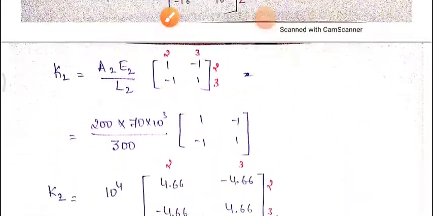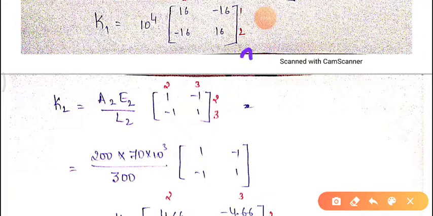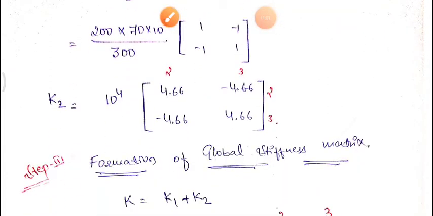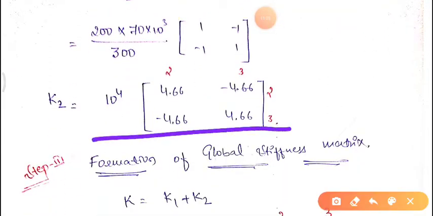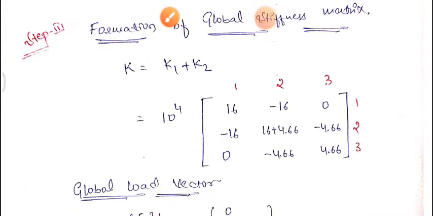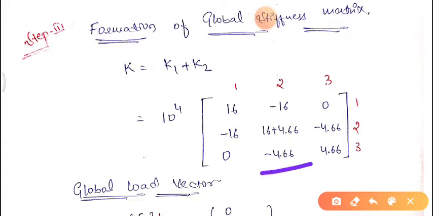In the first matrix we don't have third row, we have only first and second, so leave it here. Then we'll come here. Here we have third row, we have second column, this is nothing but minus 4.66. So that's what we have substituted here, minus 4.66.